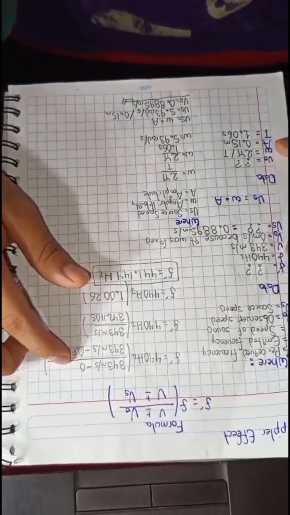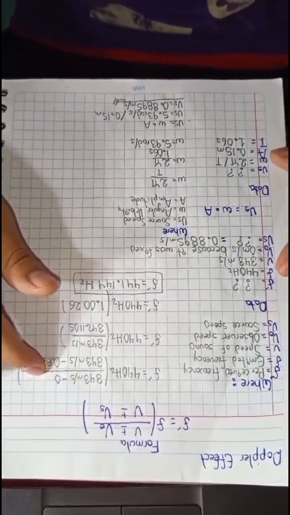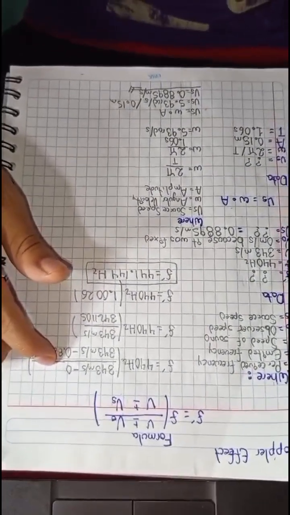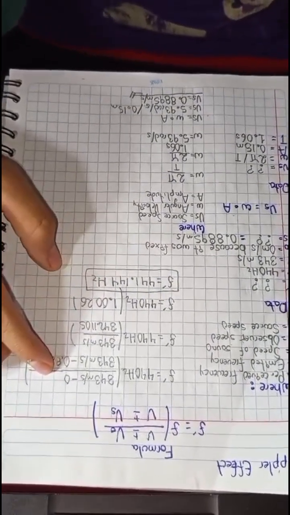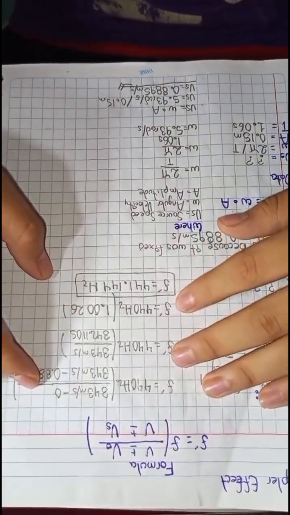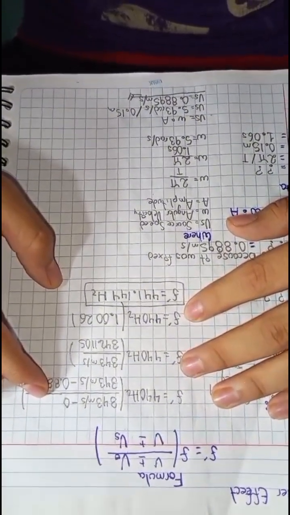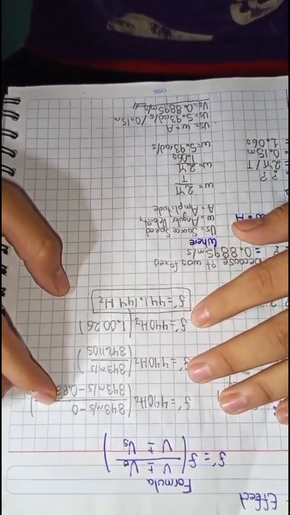First, the subtraction: 340 minus 0.889 gives 339.1. Then we divide 340 by 339.1, which is approximately 1.0026.